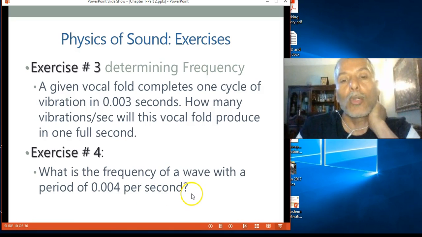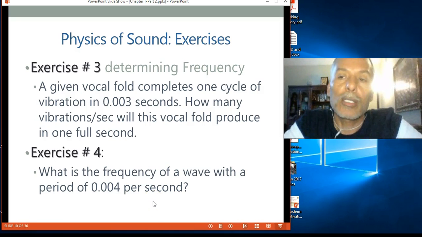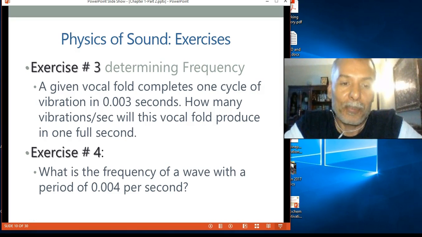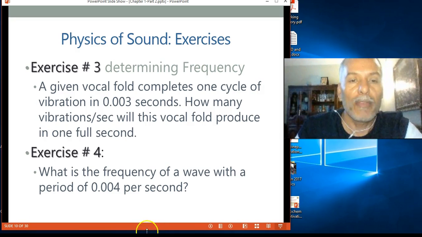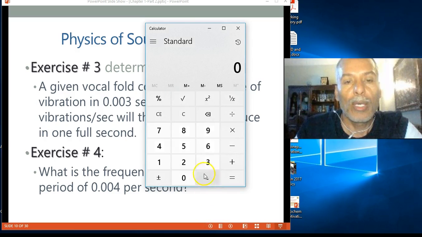What is the frequency of a wave with a period of 0.004? Please do not trust your mathematical abilities too much. Always use a calculator, because these fractions could be very, very misleading. So what you do is you simply just go here. What am I looking for?